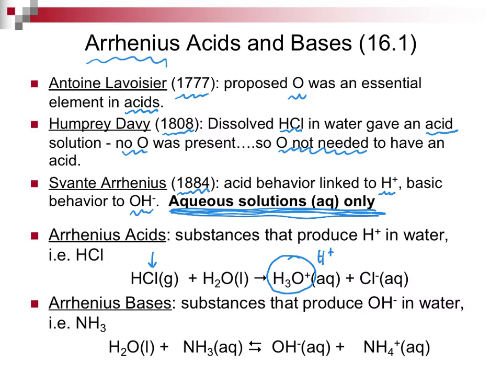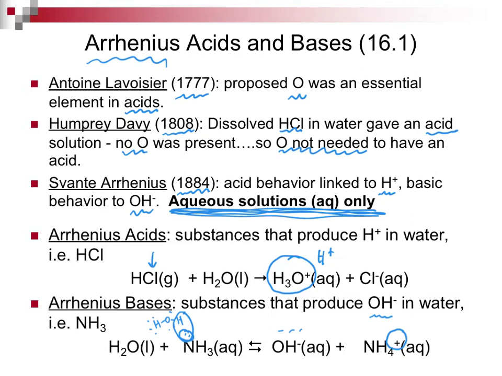Arrhenius bases are substances that produce OH- in water, and I need to put water in the equation because that lone pair of electrons on nitrogen, Chemistry 1210, plucks a hydrogen off of the water. There it goes. It makes an NH4+, think about the Lewis structures, and it leaves behind an OH-. That is how simple Arrhenius bases are.